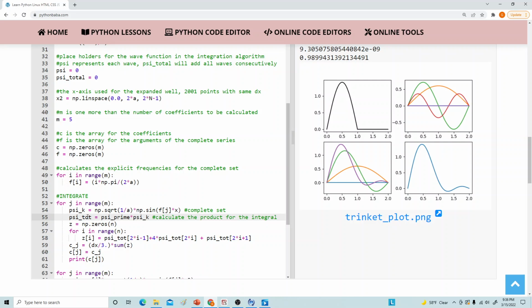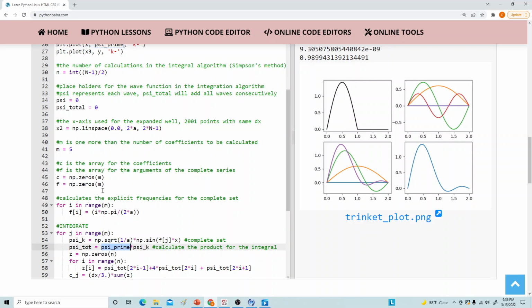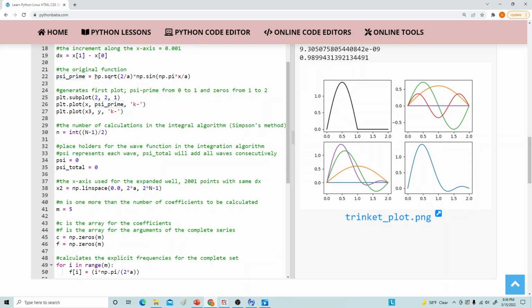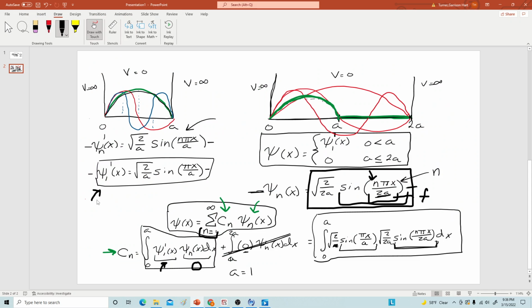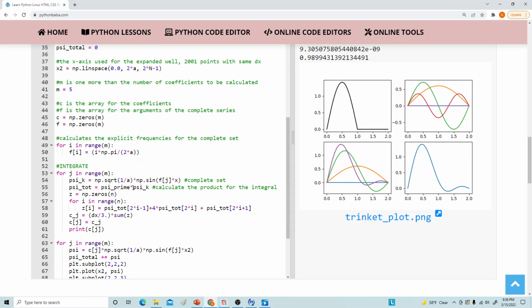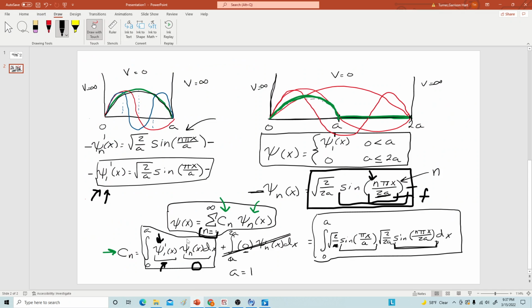Okay, so psi total is going to be psi prime, which we defined up here. So this was our original function right here, which is right here in the integral, multiplied by the psi sub k, which we just defined, which is right here.